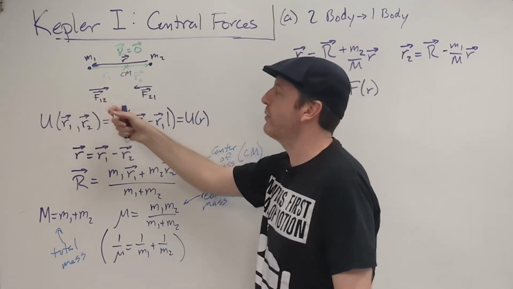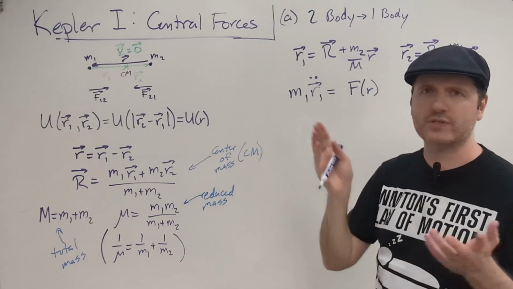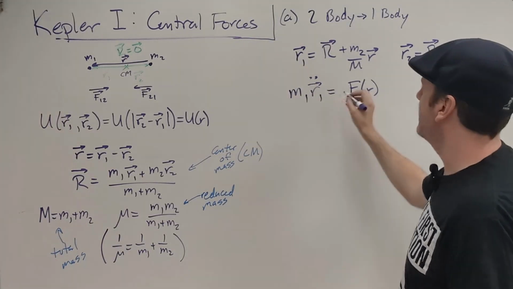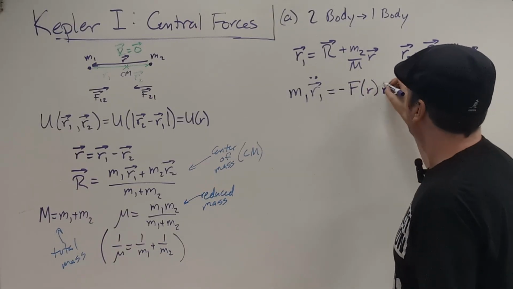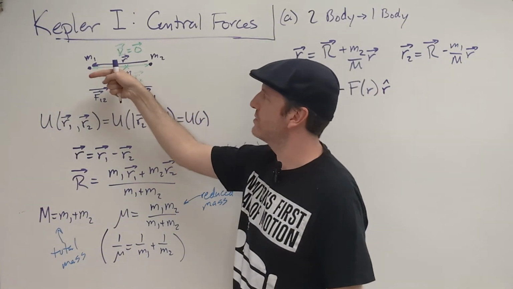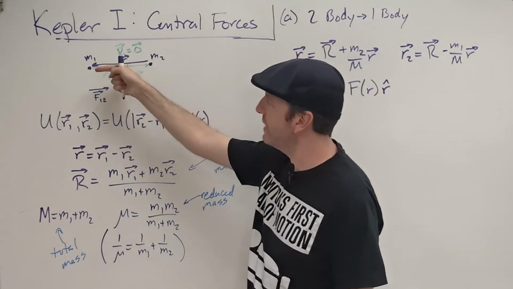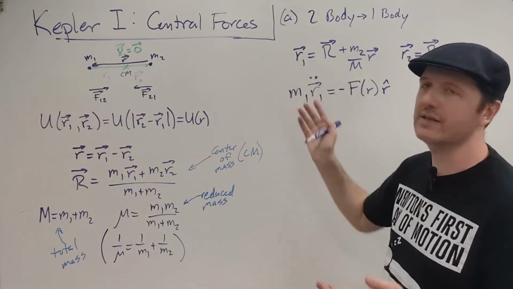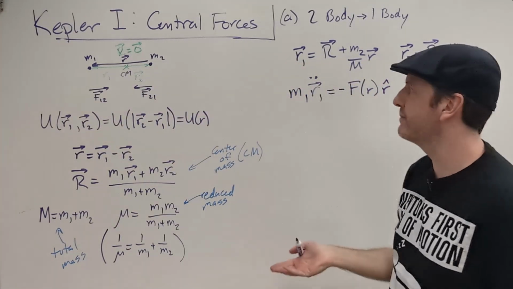For now, we're thinking of attractive forces, although, of course, this could be repulsive. It doesn't really matter. I could imagine writing this as negative f of r times this unit vector that points in this direction. So r hat would be the unit vector from 2 to 1. F1,2, I've decided this is an attractive force, although it didn't have to be.